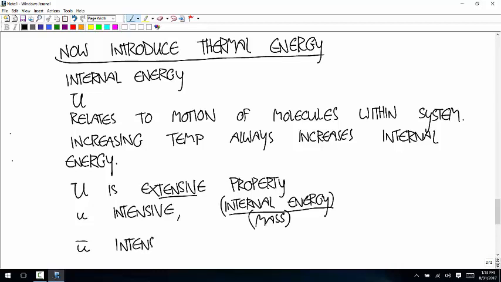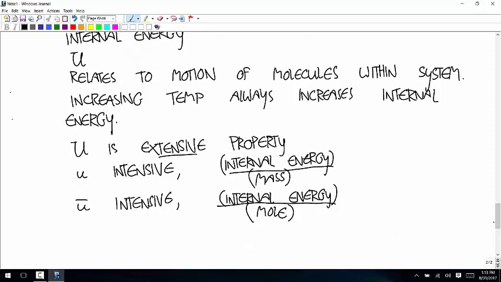That's also an intensive property, but that one means internal energy per mole. Okay, so that's the property.